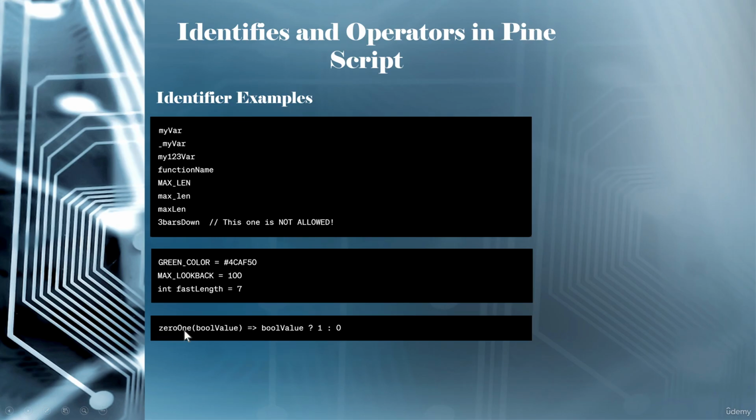We use the camelCase naming convention for the function. This is just a suggested rule. Zero, and then another word One, and One we start with capital O. So to build this identifier, we use two words, zero and One. And the second and following words, we start with a capital letter. That's pretty much it.